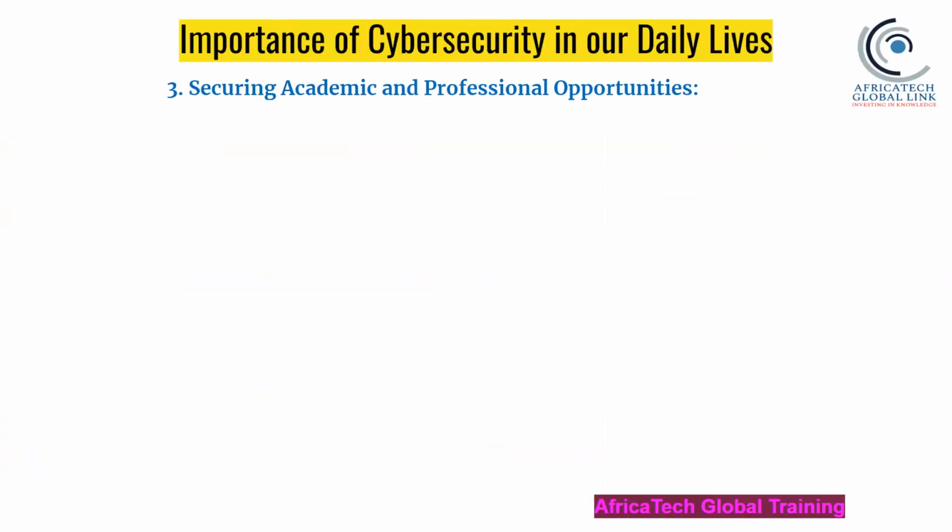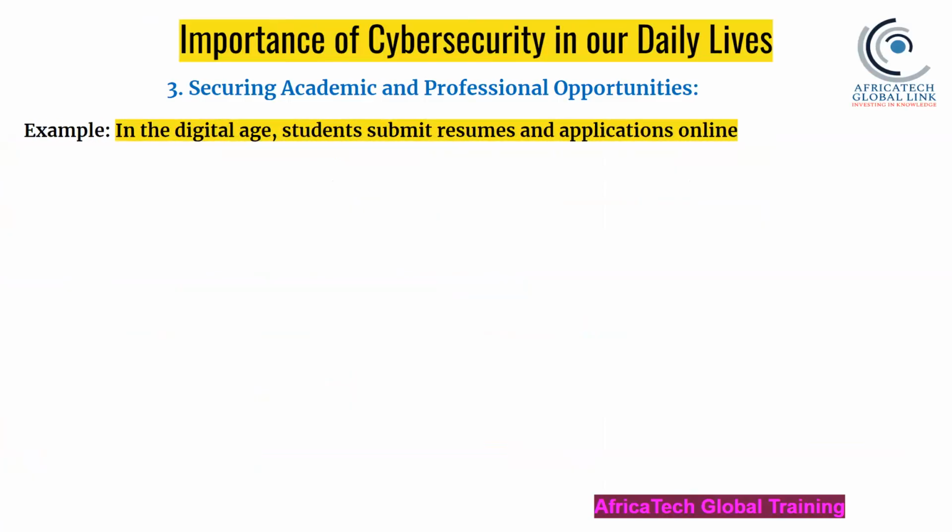The third one, why cybersecurity is important in our daily lives, is to secure academic and professional opportunities. For example, in the digital age, we students submit resumes and applications online, right? When you want to apply for a job, everything is done online.